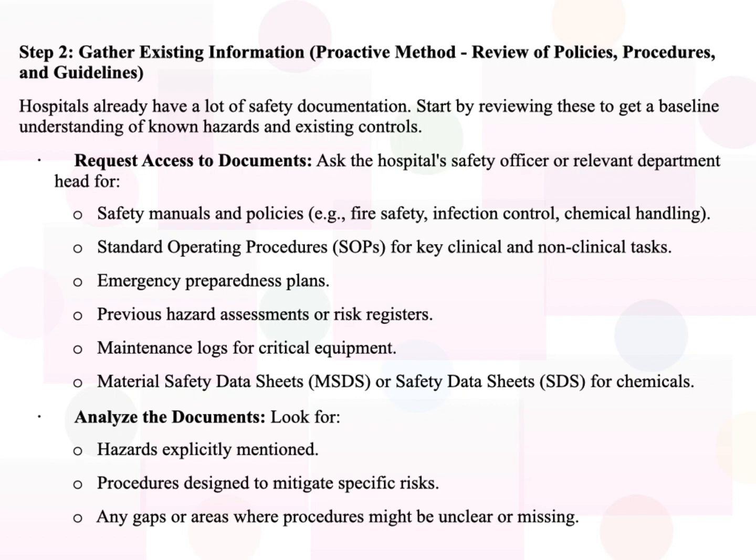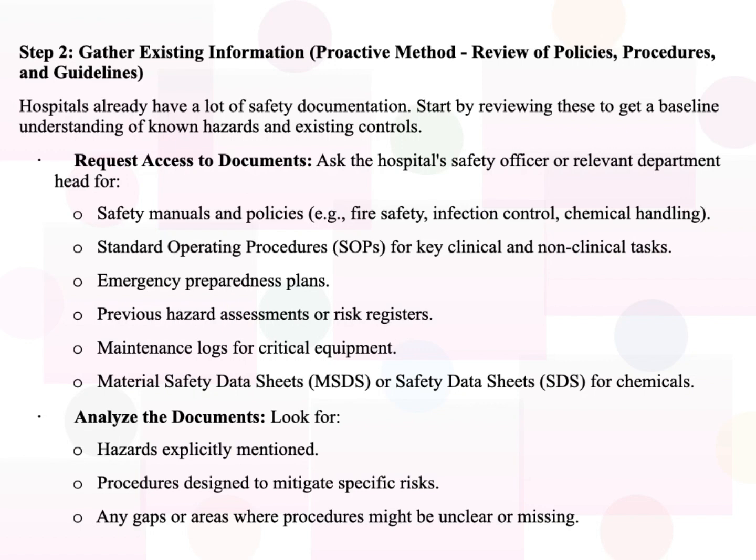Step 2. Gather existing information, proactive method, review of policies, procedures, and guidelines. Hospitals already have a lot of safety documentation. Start by reviewing those to get a baseline understanding of known hazards and existing controls.